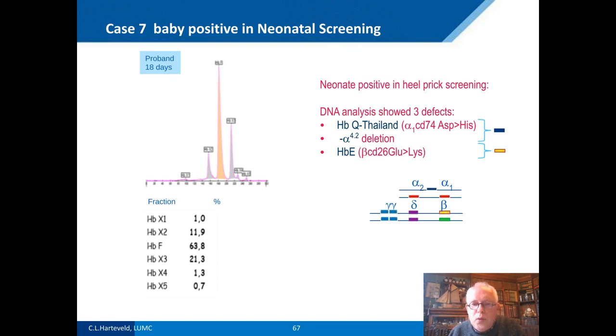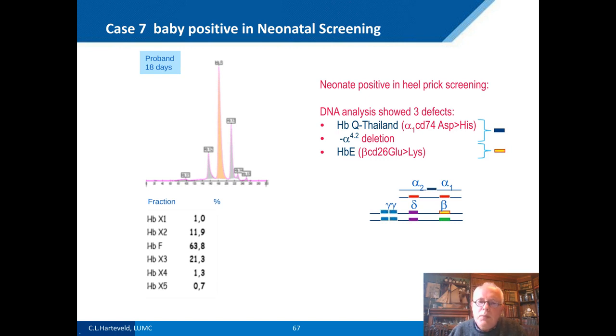One is the 4.2 deletion, which is a so-called leftward deletion. It takes away 1 alpha gene, and on top of it there was the hemoglobin Q-Thailand mutation. So on that allele there was also a missense mutation. So this gives the so-called alpha Q-Thailand chain from this allele.